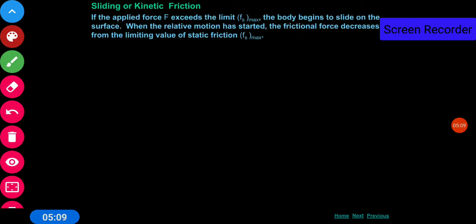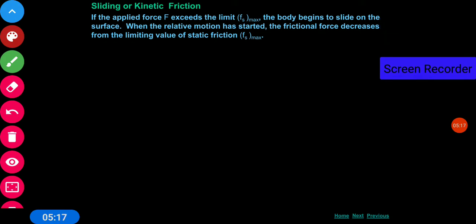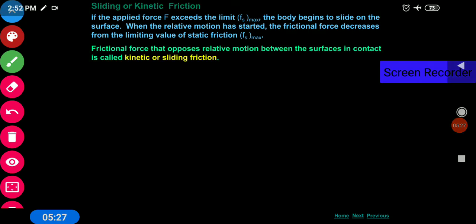Sliding or kinetic friction. If the applied force F exceeds the limiting value Fs maximum, the body begins to slide on the surface. When the relative motion has started, the frictional force decreases from the limiting value of the static friction Fs maximum.